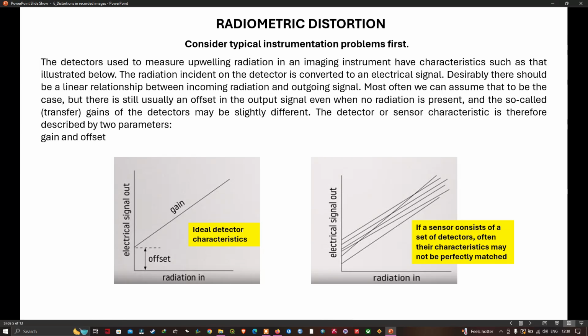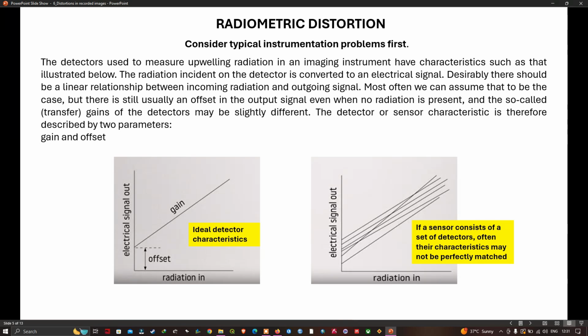If a particular imaging sensor consists of a number of detectors, such as the ETM plus and the HRV family, it is important that their gains and offsets be matched as closely as possible. In practice, however, the situation is more like that shown on the bottom right hand side of this graph.